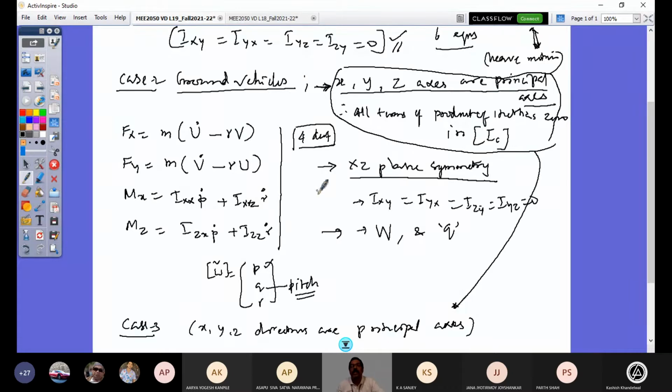So case 2 is where 6 degrees of freedom reduce to 4 degrees of freedom because of the plane of symmetry, and neglecting the 2 degrees of freedom, that is, the vehicle is on the ground and the pitch motion I don't consider. Pitch motion is necessary to consider, but unless it is the ride dynamics part, it is not needed.